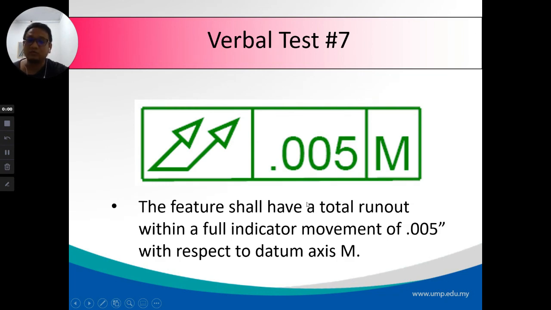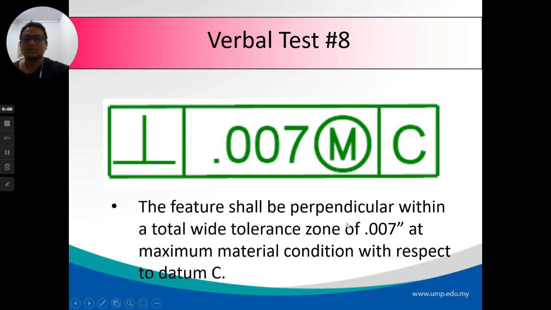The feature shall have a total run out, with a full indicator movement of 0.005 with respect to datum XM.